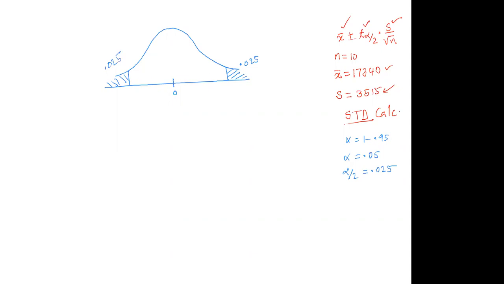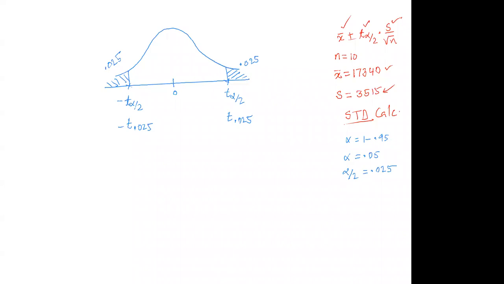Now, how do you find this value and this value? Remember, this value is negative t sub alpha over 2, and this is positive t sub alpha over 2. Alpha over 2 is 0.025, so this is negative t sub 0.025, and this is positive t sub 0.025. We need to find these values.